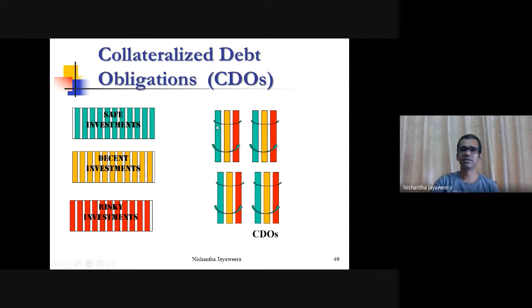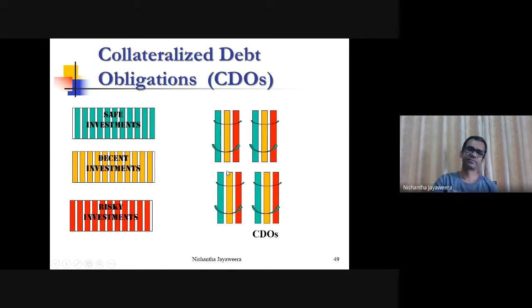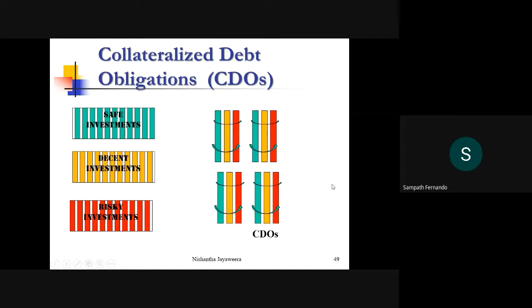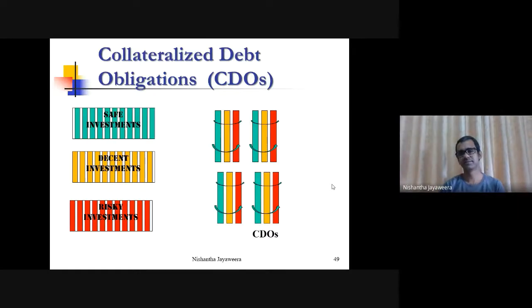So that's a bundle that they create. That's the basic concept. Depending on how much safe investment you have, that can be divided into senior and mezzanine.